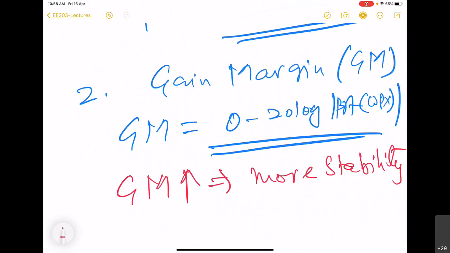One can calculate these two parameters and convey the relative stability, that is, which of the two systems is more stable, and at the design level one can choose how much phase margin or gain margin to incorporate in the system, so that even when parasitics come into the picture, the system will be stable.